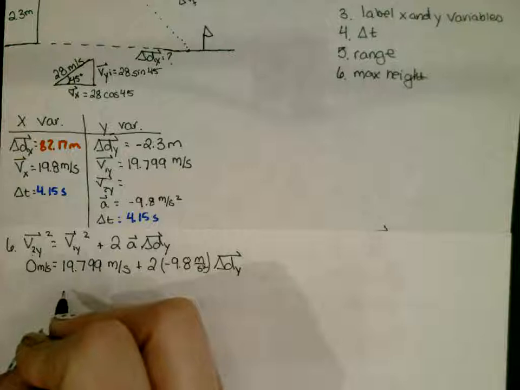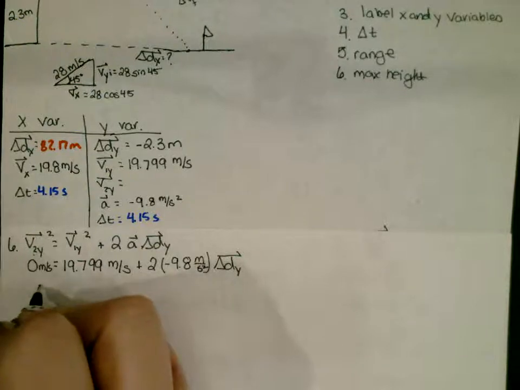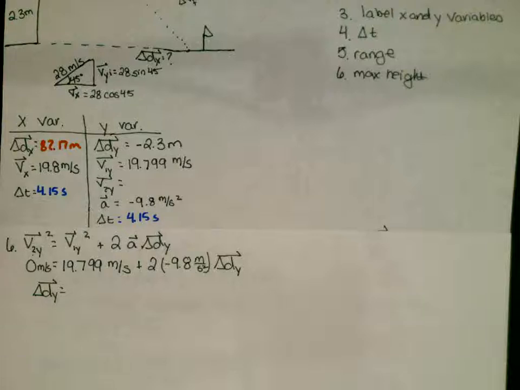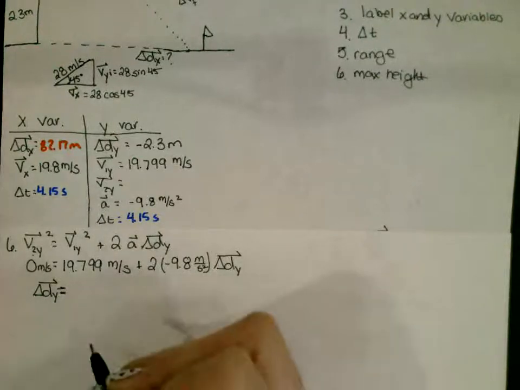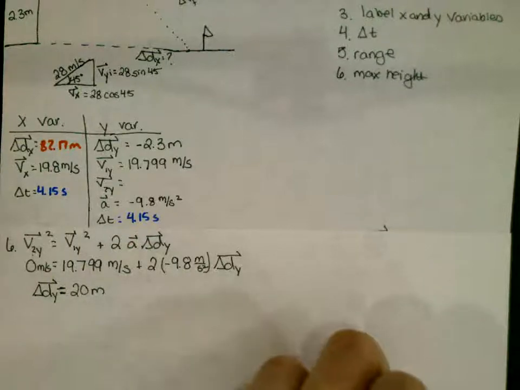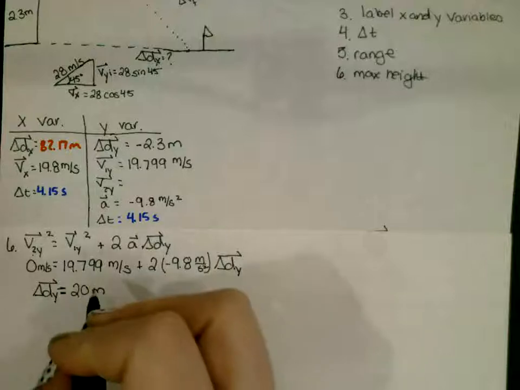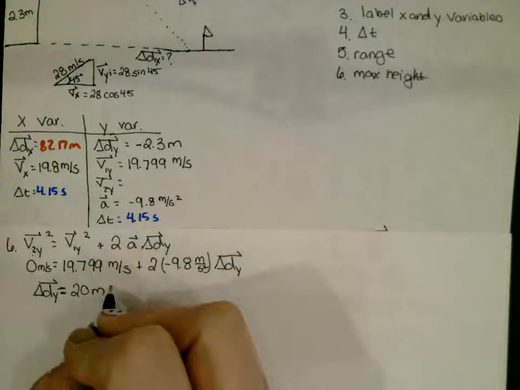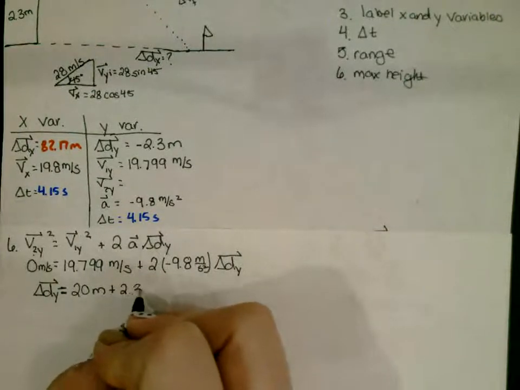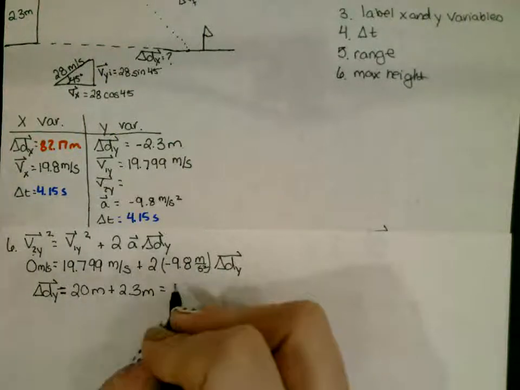We're going to work our problem, and we are going to get that our vertical displacement change is 20 meters. But we're already 2.3 meters in the air. So if we want to know our maximum height, we need to know what that is plus those 2.3 meters we already have.